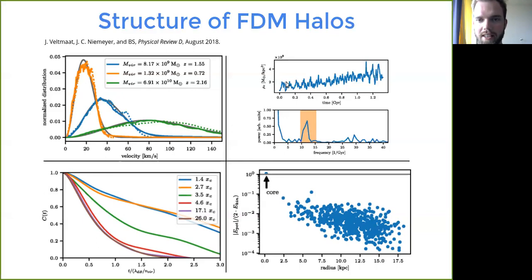Then we can also look at the central density at the upper right here, and we see that the central density in the core fluctuates, and we can use a Fourier transformation in time to see that it indeed fluctuates on a characteristic time scale.